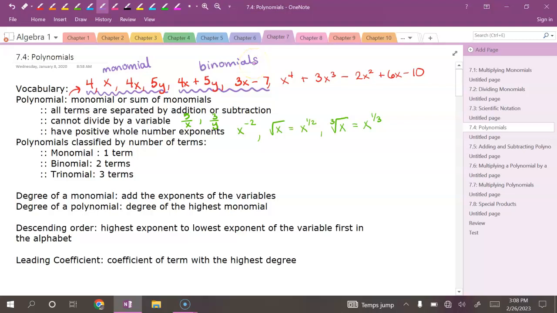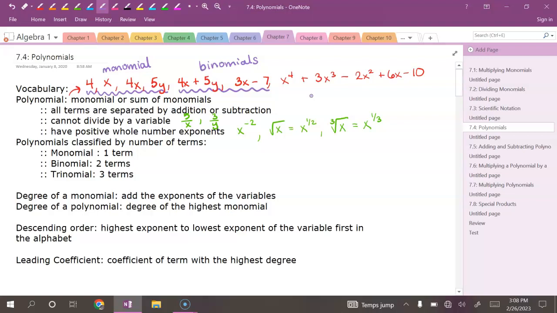I don't have an example up here of a trinomial because the next example I have has way more than 3 terms. It's got 5. But a trinomial would just have 3 terms, so x plus 2y minus 5 would be an example of a trinomial.